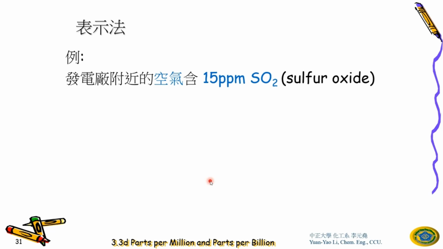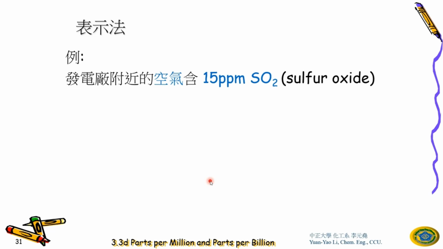I give you an example here. Around the power station, the air contains 15 ppm sulfur dioxide. What does 15 ppm mean? Does it mean 15 ppm gram or 15 ppm mole? Which one?